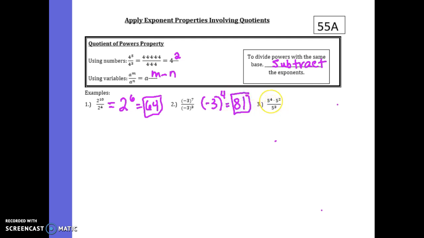Now number 3, we're going to multiply the two together on the numerator first, and our rule of multiplication says that 5 to the 4th times 5 squared, we have the same base, so we add the exponents. 5 to the 6th divided by 5 to the 3rd is going to give us 5 to the 6 minus 3, which is 3, and that gives us 125.